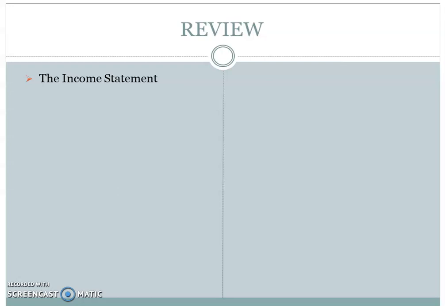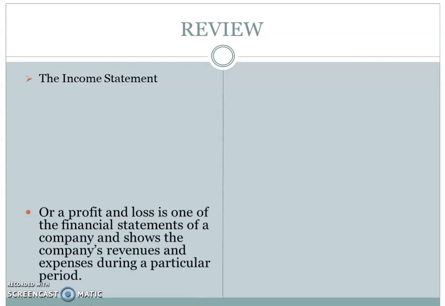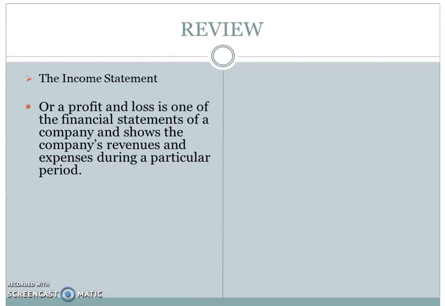What does it mean? Again, the income statement, or profit and loss, is one of the financial statements of a company and shows the company's revenues, income, and expenses, the things that we spend during a particular period.